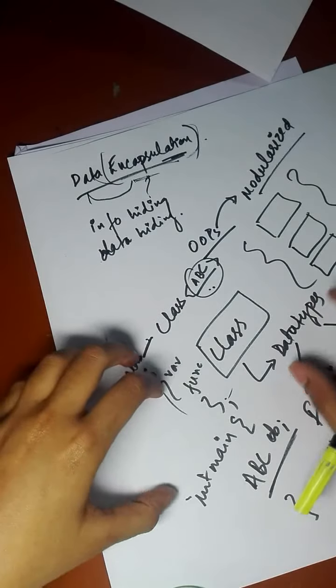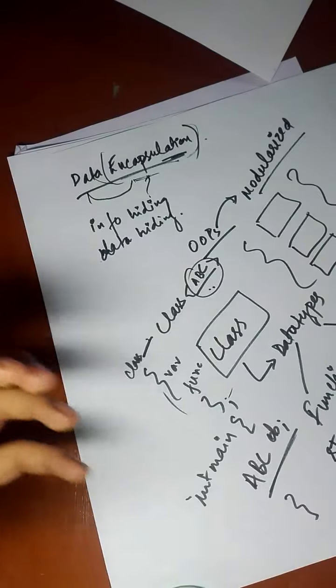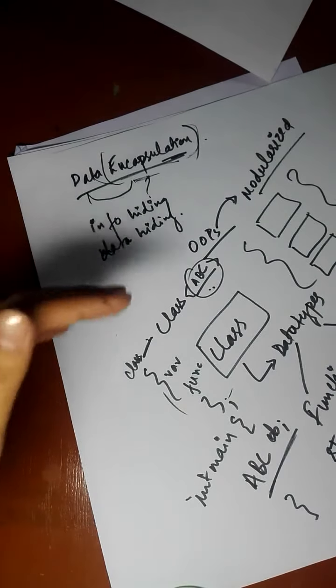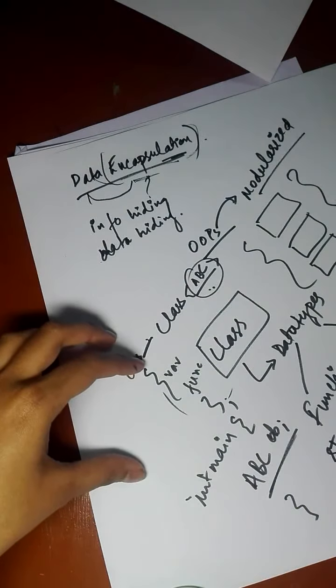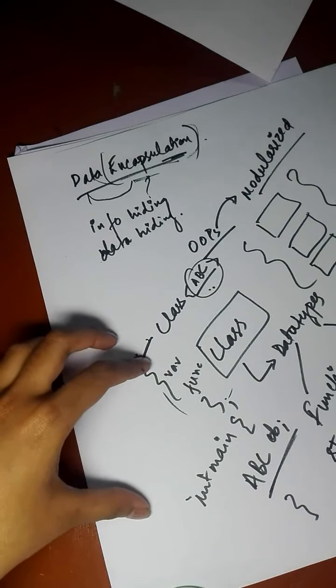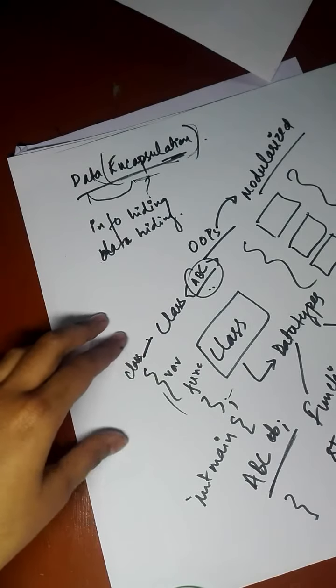So that is encapsulating the data from other parts of your program. That means that inside the class, whatever you declare under private, no other class in the whole universe can access any of that data.